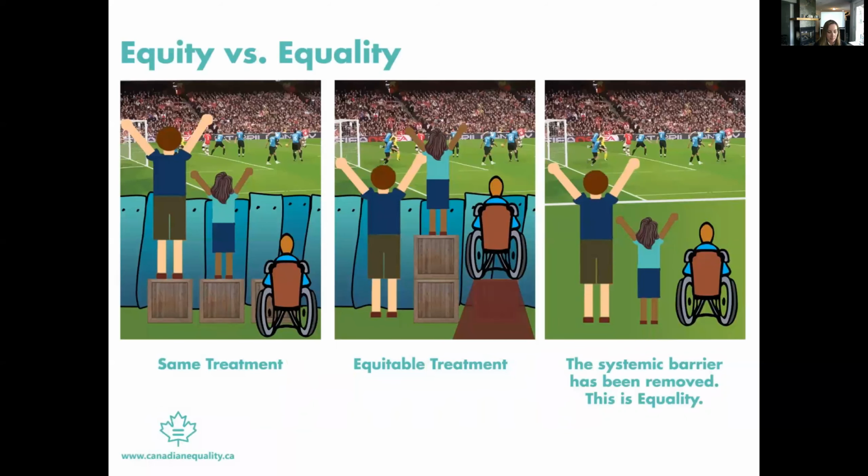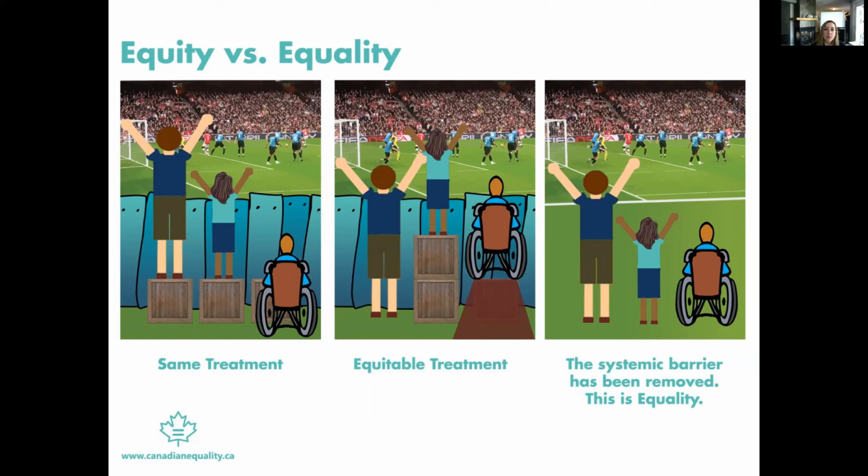And GBA Plus in itself is an equity tool. So what that means, and this image effectively illustrates the meaning of equity. If we look on the far left, the goal in all 3 images is for all 3 people to be able to view the soccer game. In the first image on the left, those 3 people are treated exactly the same, and you can see it's pretty ineffective. The middle image is equitable treatment.